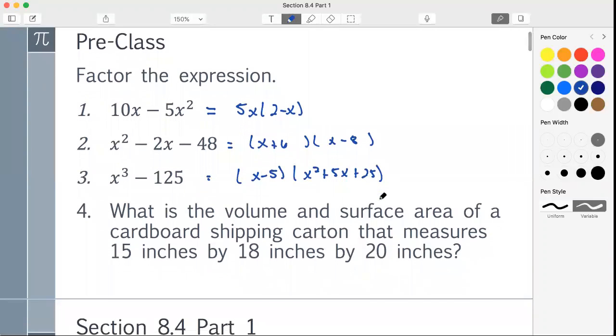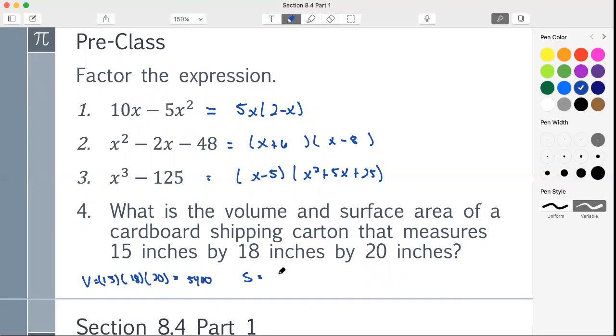All right, what is the volume and surface area of a cardboard carton that measures the following? Okay, so the volume is pretty easy. 15 times 18 times 20, and we're going to get 5,400. For the surface area, you have a cardboard shipping carton.